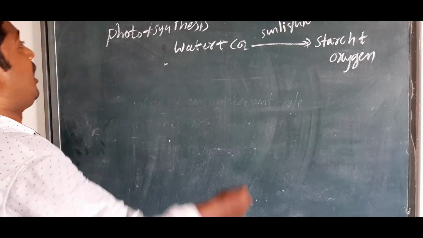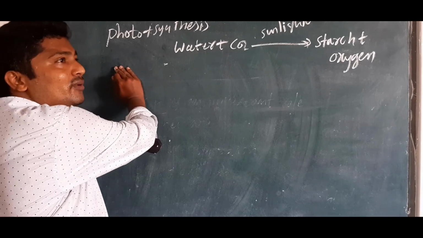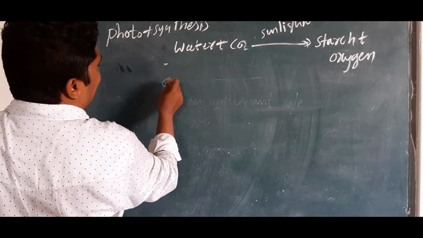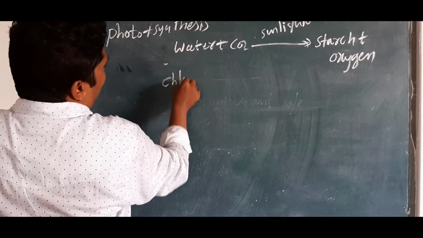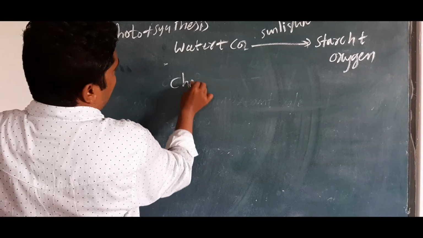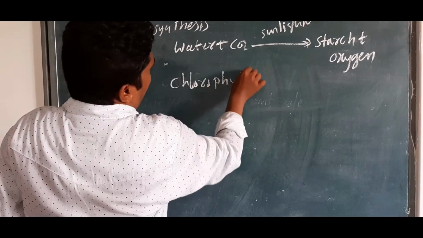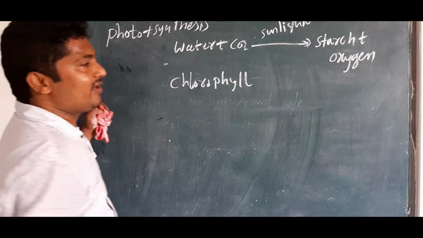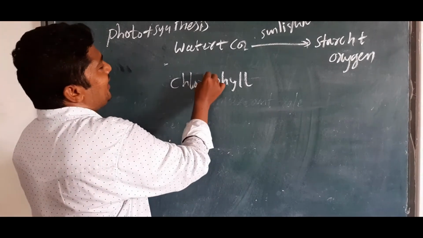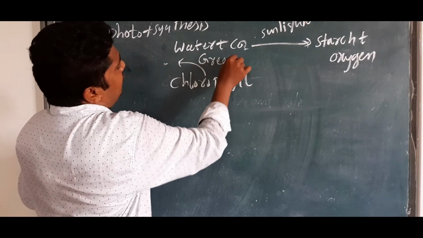Children, I would like to say about the role of photosynthesis. Not all plants can prepare their own food. Those that can are autotrophs. Only those plants that have the pigment called chlorophyll, which are green in color, can.